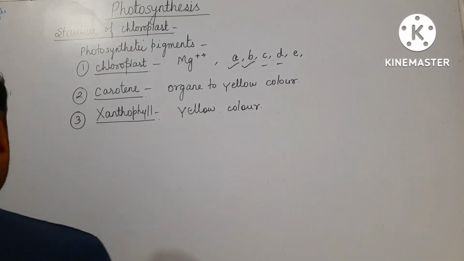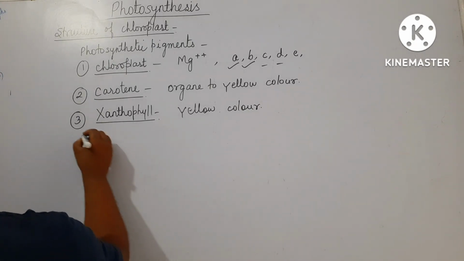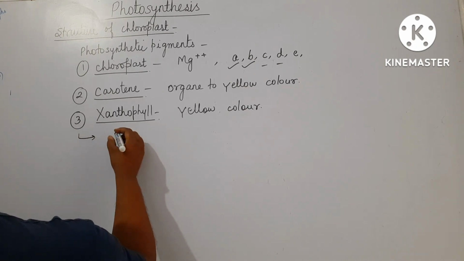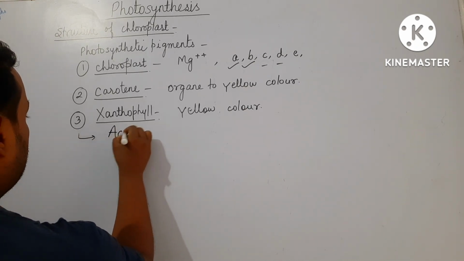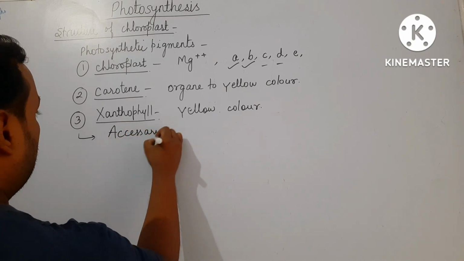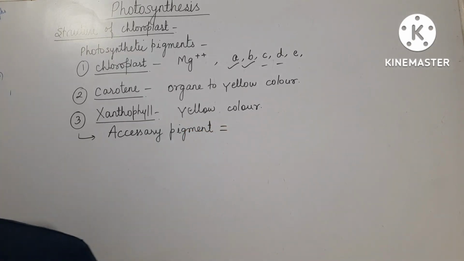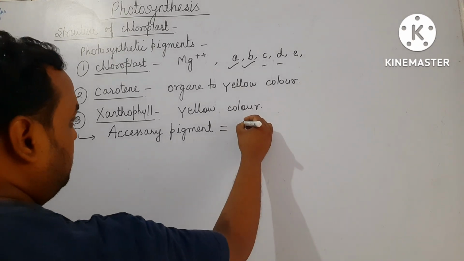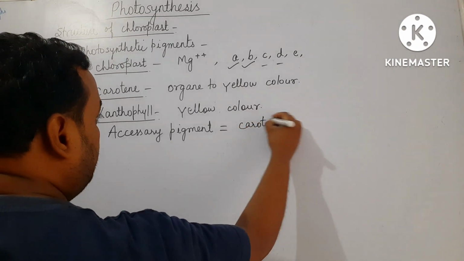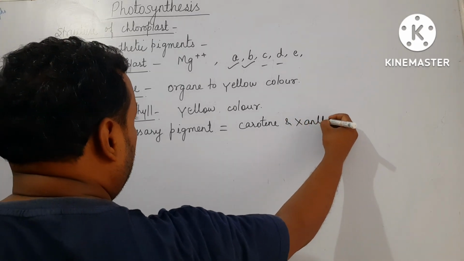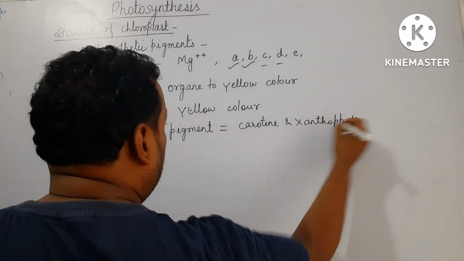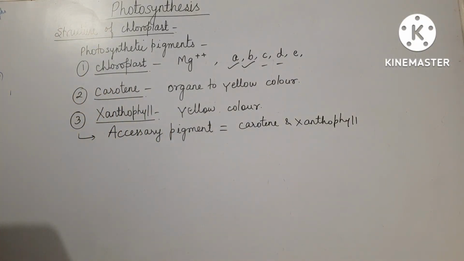Now, sometimes in the board examination, the examiner asks, what are accessory pigments? So, carotene and xanthophyll are known as accessory pigments. The main function is to protect chlorophyll from oxidation by strong light.